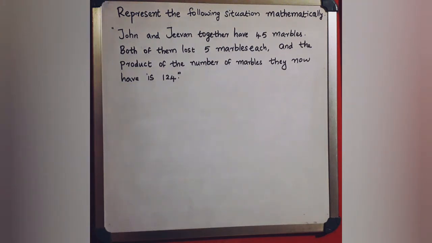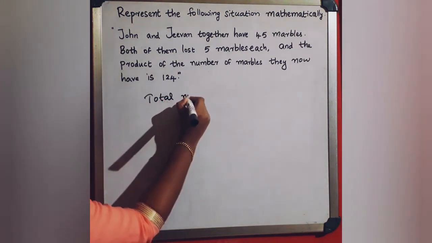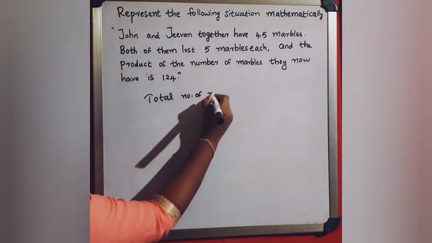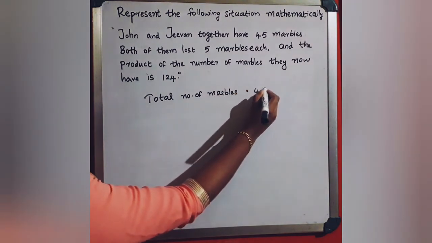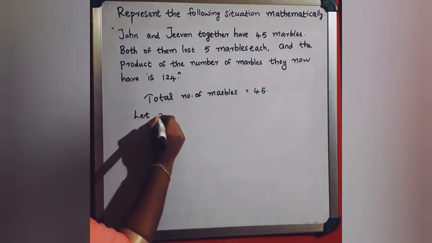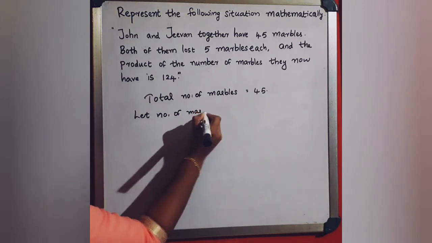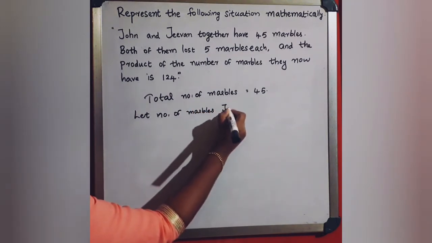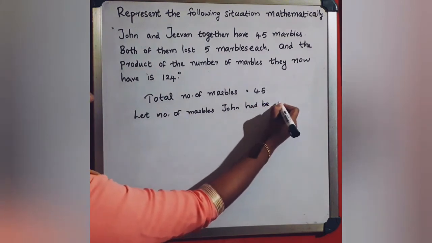Here John and Jeevan together have 45 marbles. That means the total number of marbles is 45. Let the number of marbles John had be x.